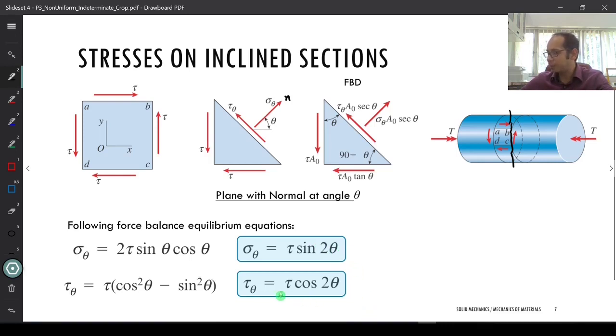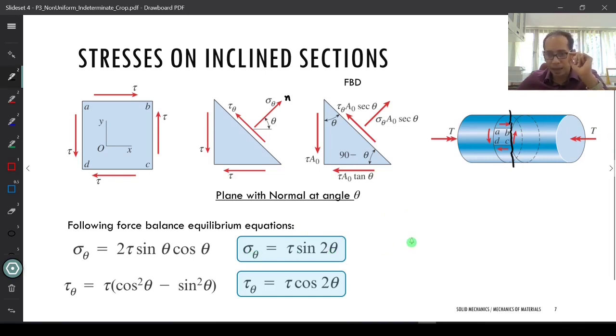I get tau of theta equals tau, and sigma theta when theta equals 0 vanishes. So I get back to my original configuration, where you're taking an element like this. For this configuration sigma theta is 0, because if you put a 0 over here it becomes 0.